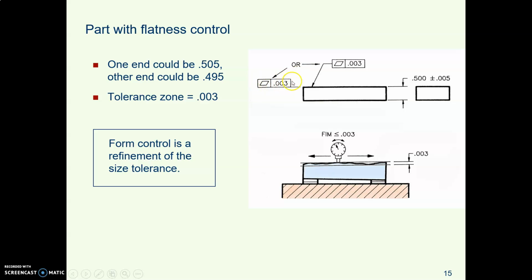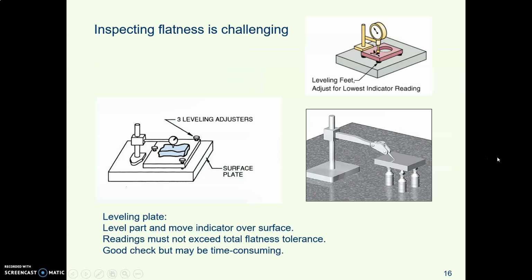If you add a flatness control, now you can still have a size tolerance that's plus or minus 5, but wherever it turns out to be, the top surface must be flat within two parallel planes that are 3 thousandths apart. And so now the full indicator movement will be a total of 3 thousandths, not 3 thousandths up and down, but within two parallel planes 3 thousandths apart.